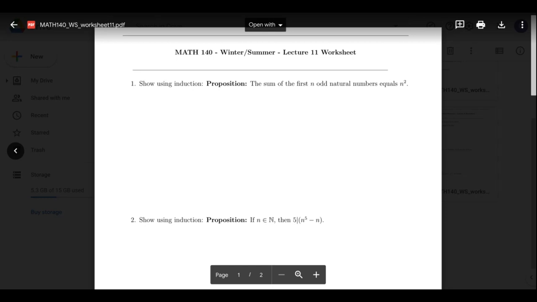Why do we need to show P of n plus 1? That's how an induction proof works. 3 steps. Prove the base case, assume the k case, prove the k plus 1 case.